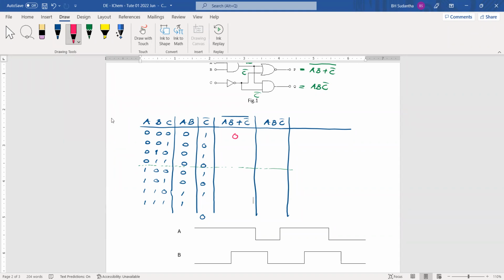Then this is 0, then it will be 1. This is 1, 0, 1. It should be 0. This is 1. 0.